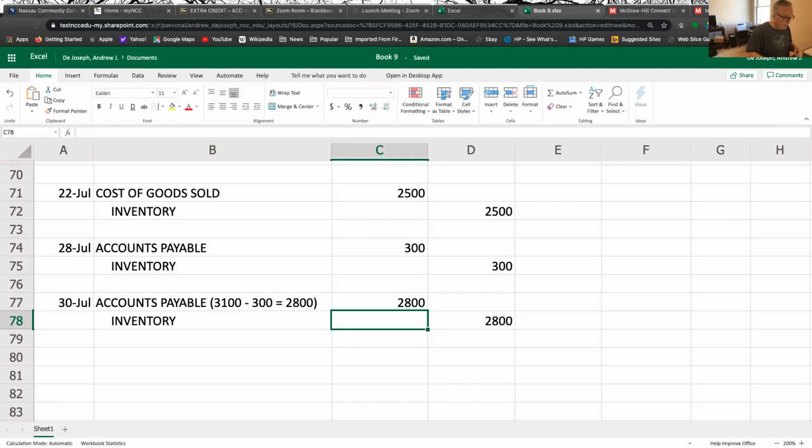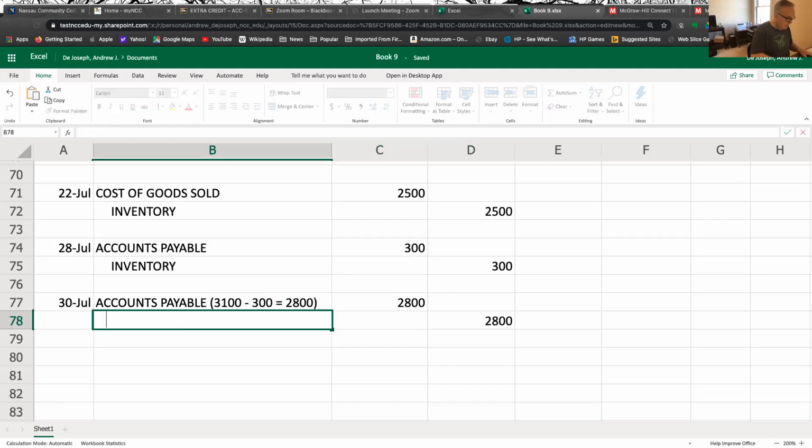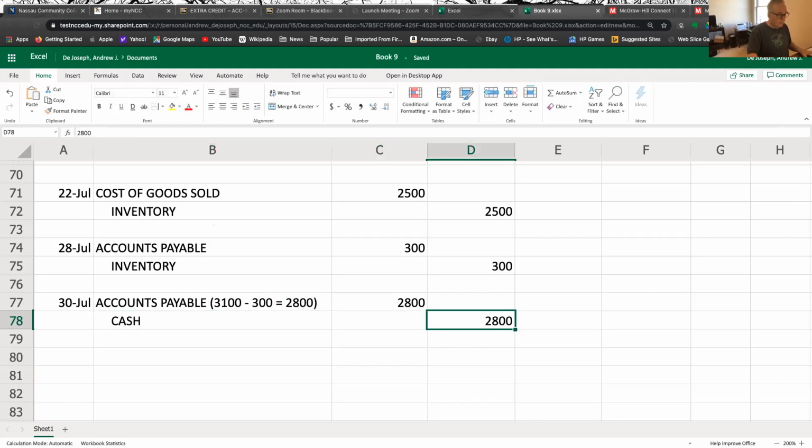I'm sorry, credit cash, 2,800. Debit accounts payable for the amount you owe. What's the amount you owe? 2,800, right? You originally bought 3,100, you returned 300, you owe 2,800.